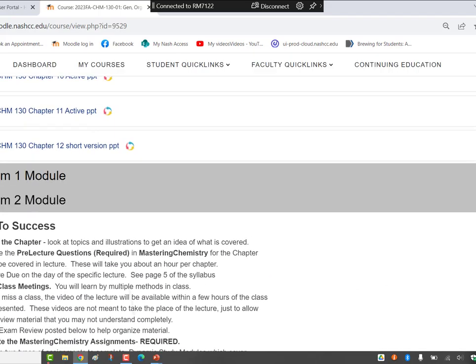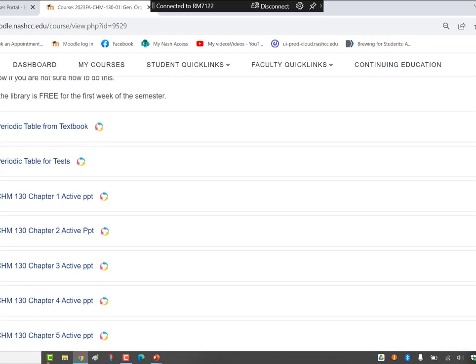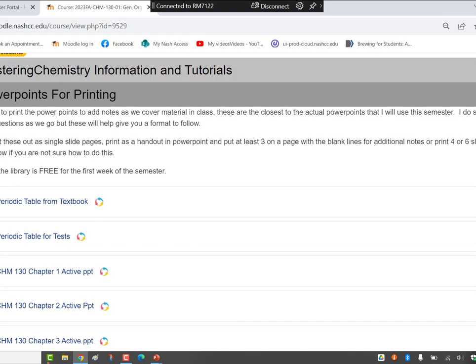And then all you've got to do is go up to the chapter 3 active PowerPoint, which is in the PowerPoints for printing module. That's the blank ones. So that's got all of the questions, and then the marked up one has all of the answers. So that would be a good place if you feel like you need extra practice, instead of being like, I have all the answers, I don't know how to practice. Yes, you do. There's lots of them to practice here.